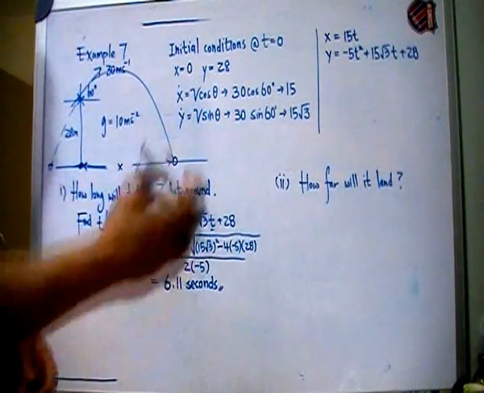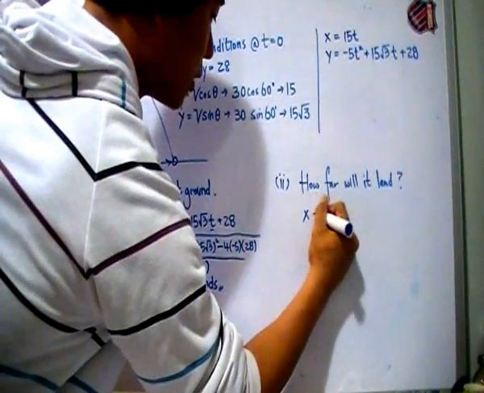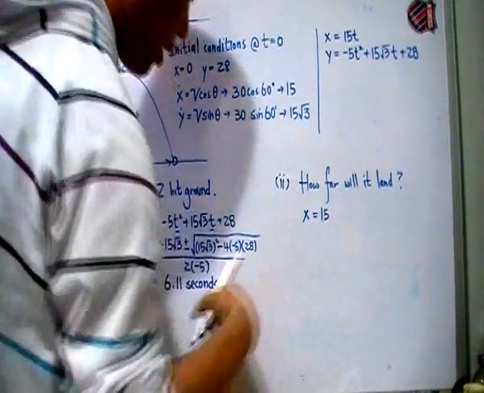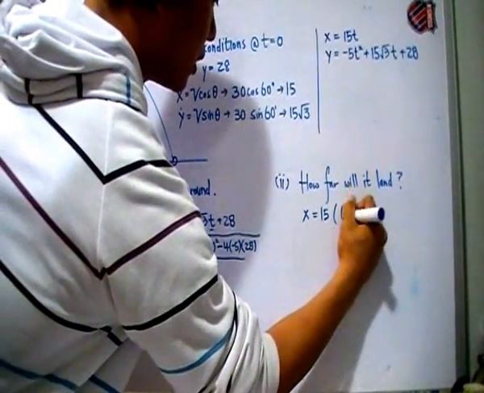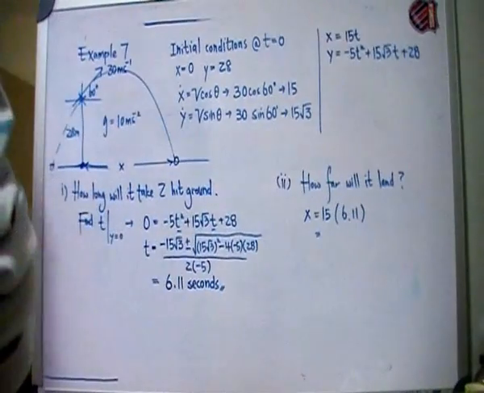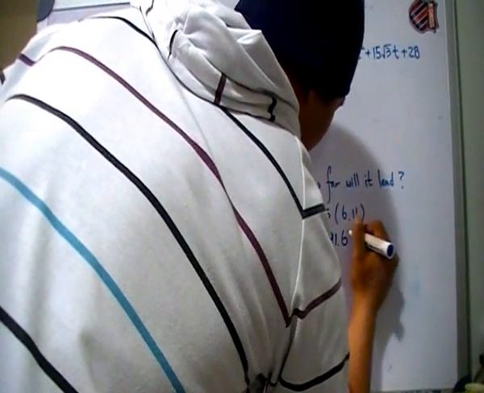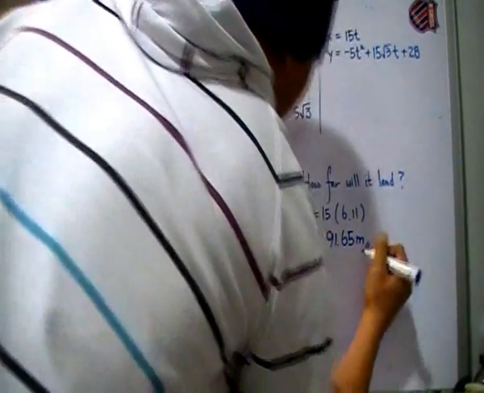So x equals 15 times the t value that we found here, which is about 6.11. And 15 times 6.11 will give you 91.65 meters. Something like that.